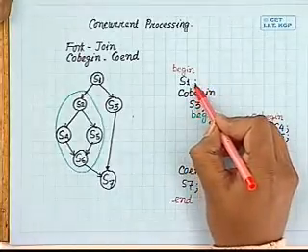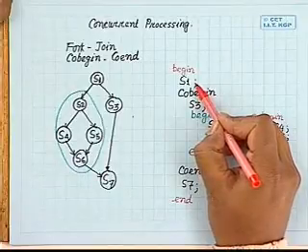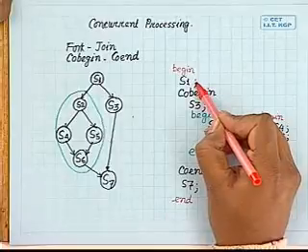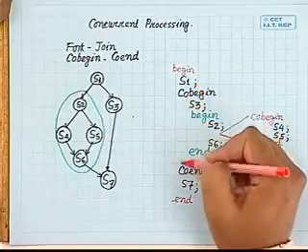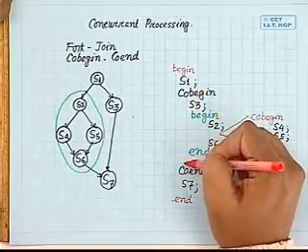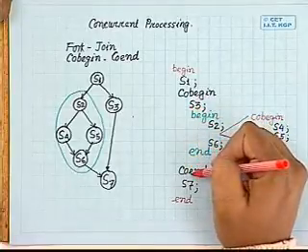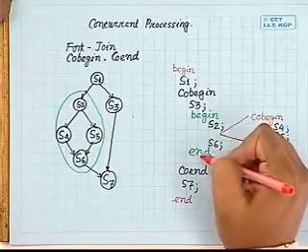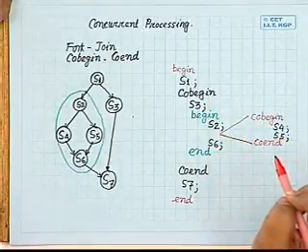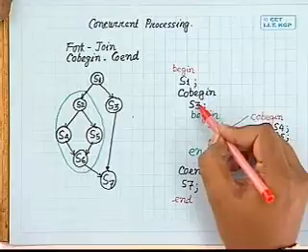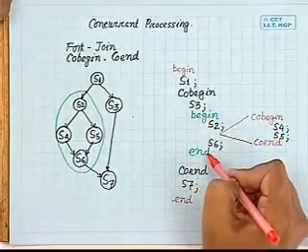The parent process executes statement S1. After execution of S1, the parent process finds a co-begin co-end structure. When it finds this structure, it creates the required number of child processes.